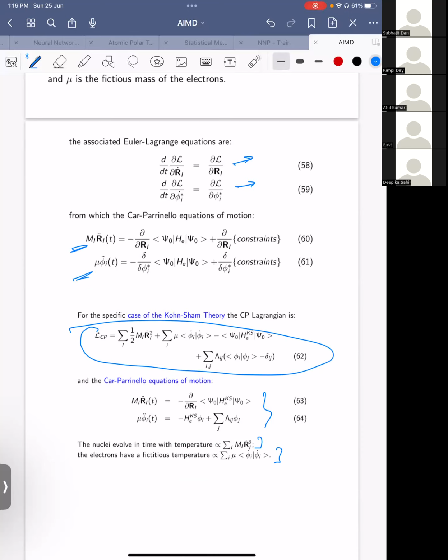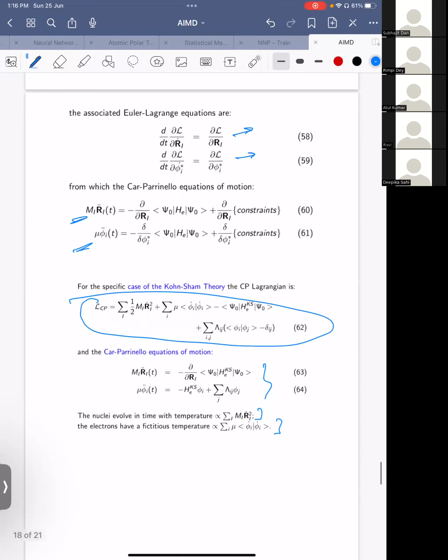So what is the meaning of cold electrons? Cold electrons means that the electronic subsystem is close to its instantaneous minimum energy. Basically, it is close to the exact Born-Oppenheimer surface. Are you getting this point?